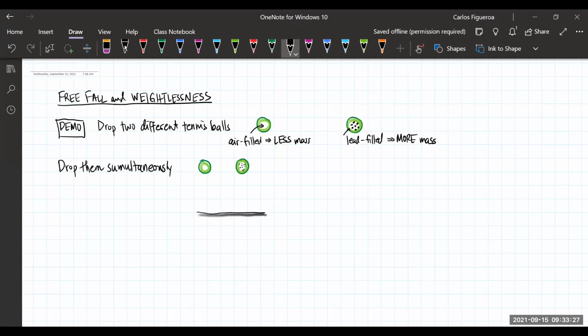If they both start with the same initial speed of 0, the question I'm asking is: which tennis ball hits the ground first?